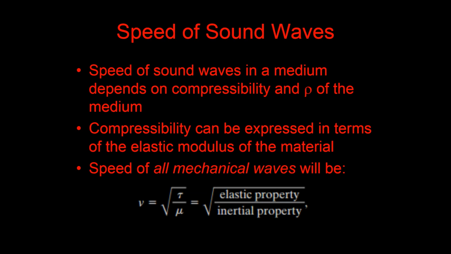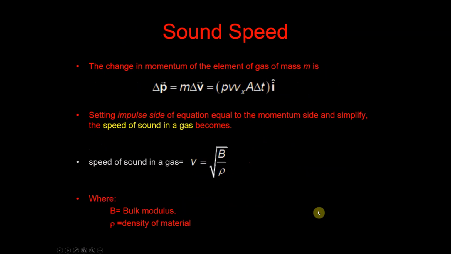So this expression really gives us the speed of all mechanical waves through some kind of atmospheric material. So as said before, this is the change in momentum of our gas, and if we set the impulse side of the equation equal to the momentum side and simplify it, we can get the speed of sound in our gas as the square root of B over rho.